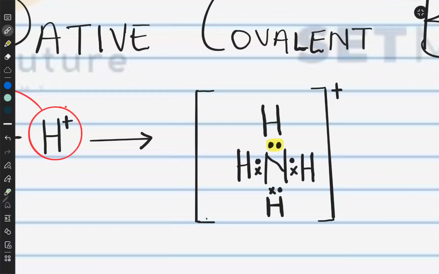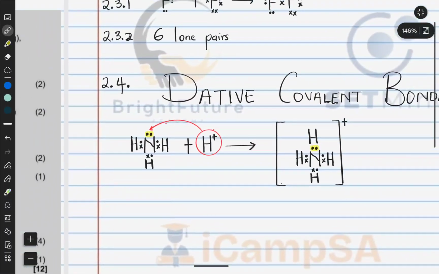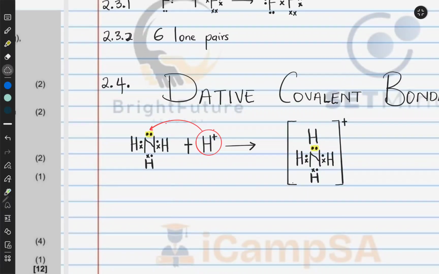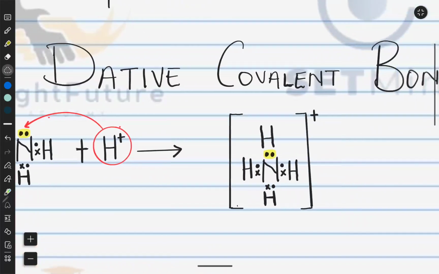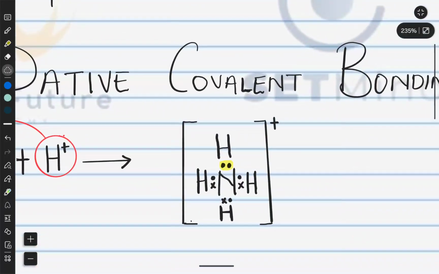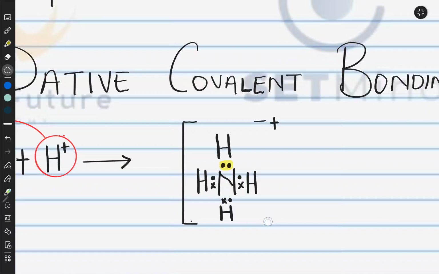So now it has more protons than it does electrons. All right, that's what we normally do. So this plus sign, you never leave it out. First square brackets, then the plus sign. You never leave those two out.